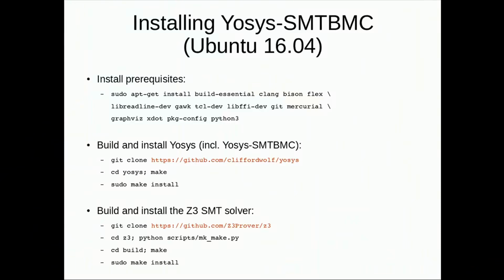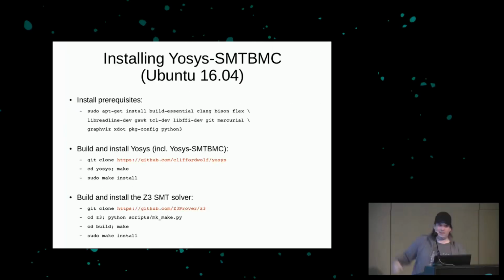I'm not really going to talk about the things on the slide here. This is just to show you it's really easy to install this on Ubuntu or any Debian, and also other distributions, of course. So you really have no excuse not to try this out. If you do anything where formal verification could be useful, it's not like you have to spend an afternoon compiling Fortran code from the 70s.